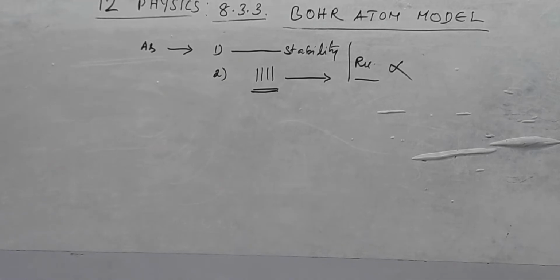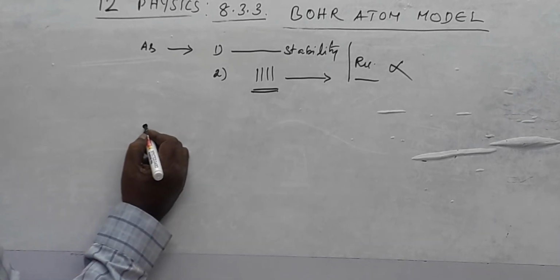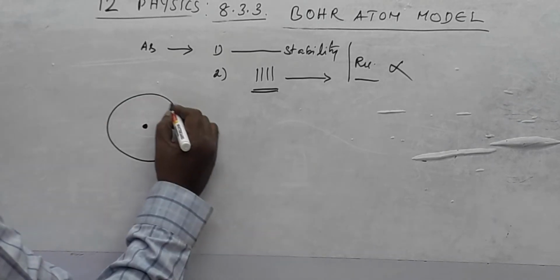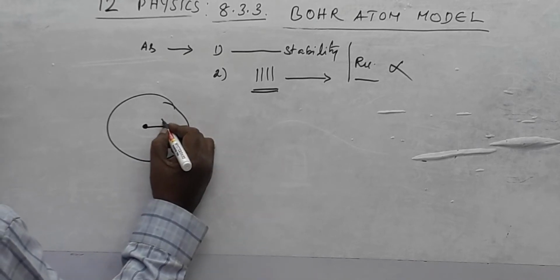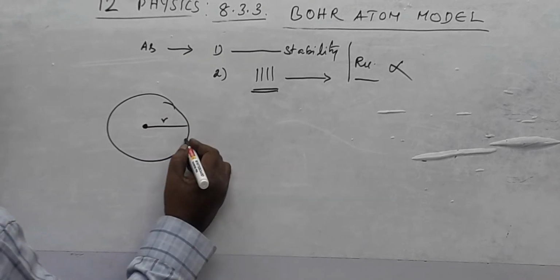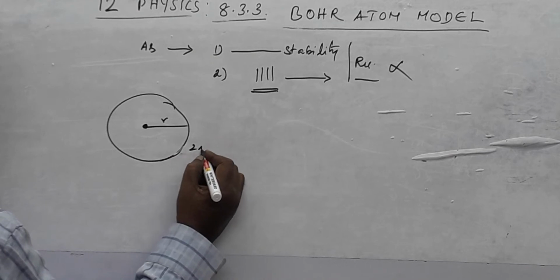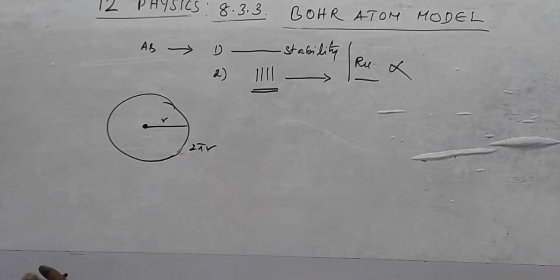Suppose you are assuming a nucleus and an orbit, and the radius of the orbit is called r, then the circumference of the orbit is 2 pi r.